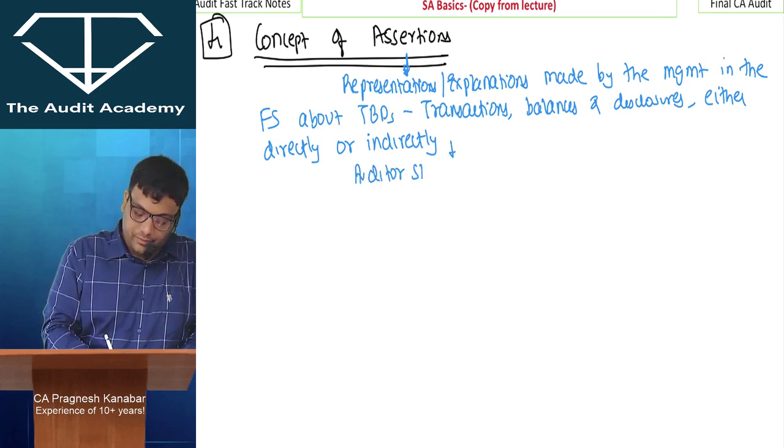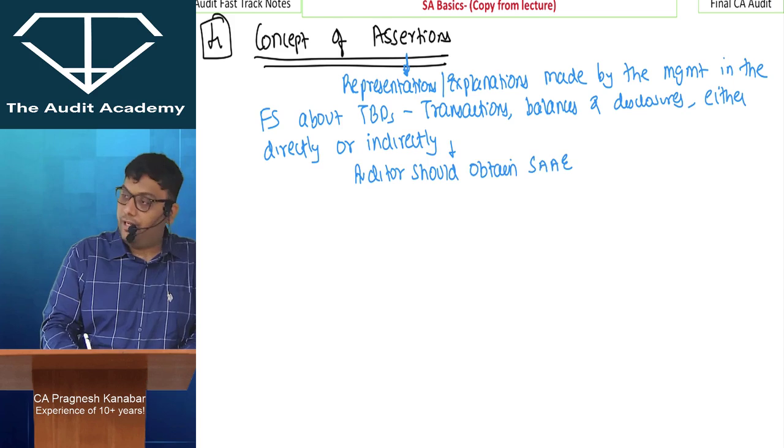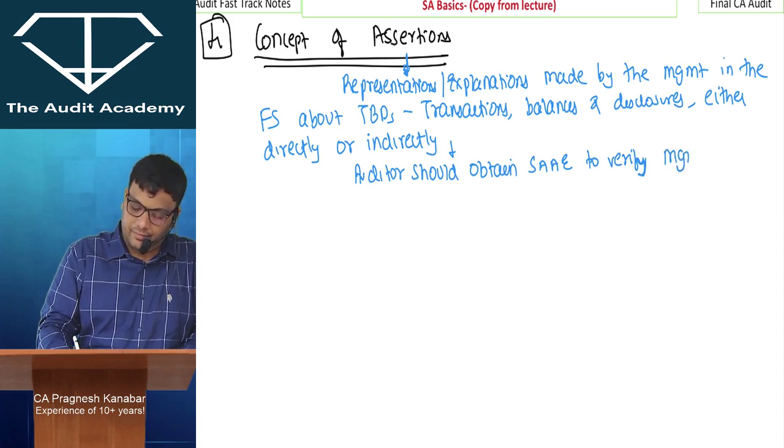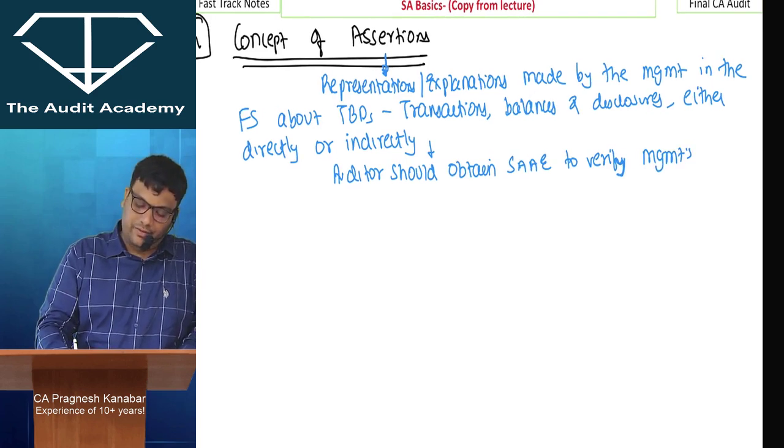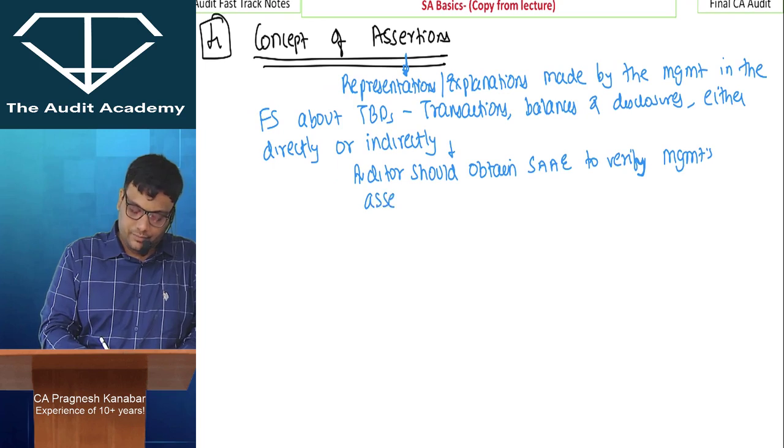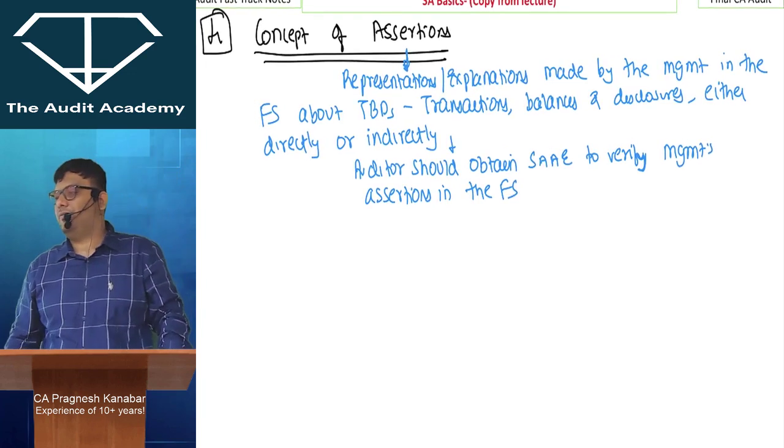Down arrow: auditor should obtain sufficient and appropriate audit evidence to verify what? Management's assertions in the financial statements.